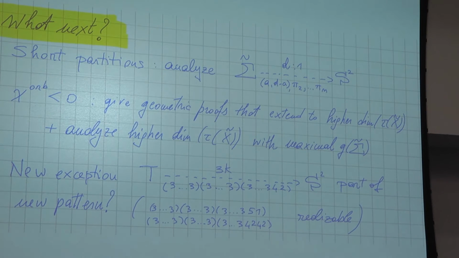Another thing that would be interesting to do is to really use the hyperbolic geometry better in the hyperbolic setting, namely to give really geometric proofs that would extend to higher dimension when the hyperbolic structure upstairs has a larger space of deformations.